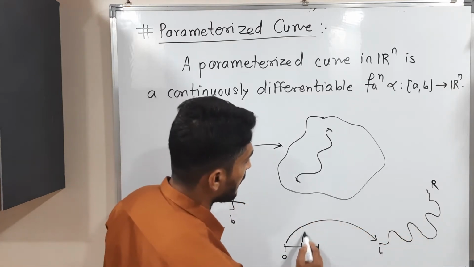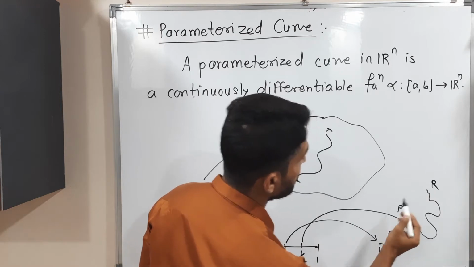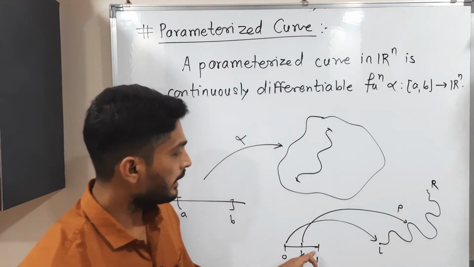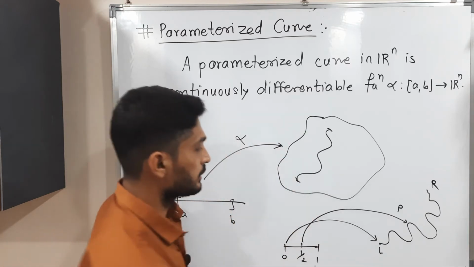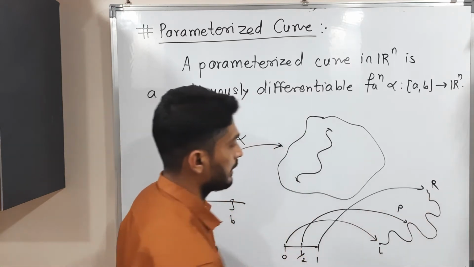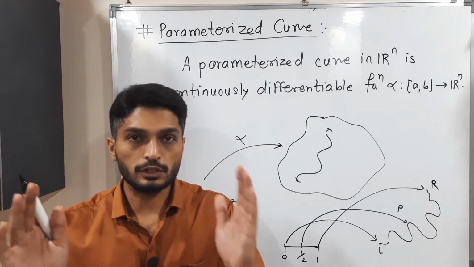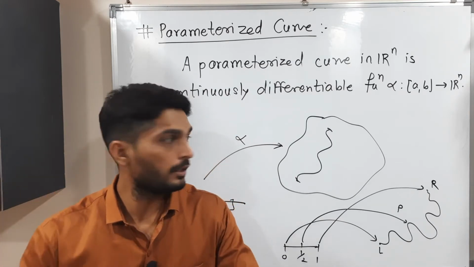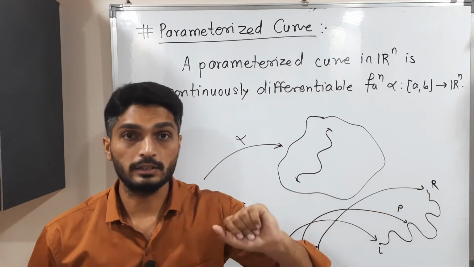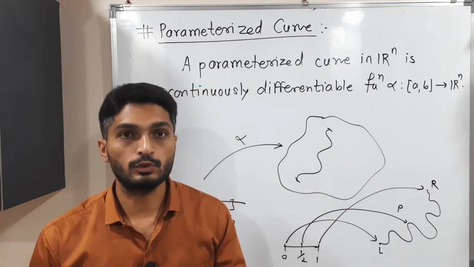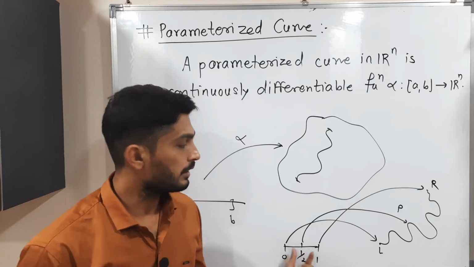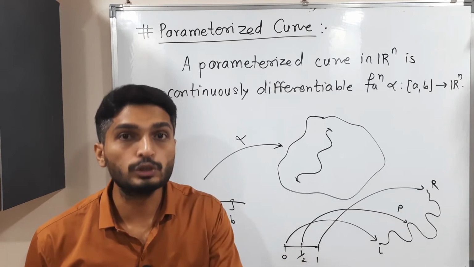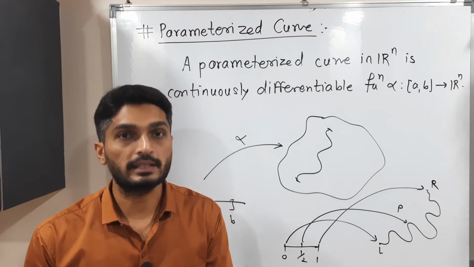So after half an hour we will reach Pali, and at the end of 1 hour we will be at the destination, that is Ratnagiri. Getting? So it's a function from closed interval 0 1 to a subset of R3 from Lanza to Ratnagiri. So this is a parameterized curve with the help of this alpha. In terms of time we are defining the position, so that is called a parameterized curve.